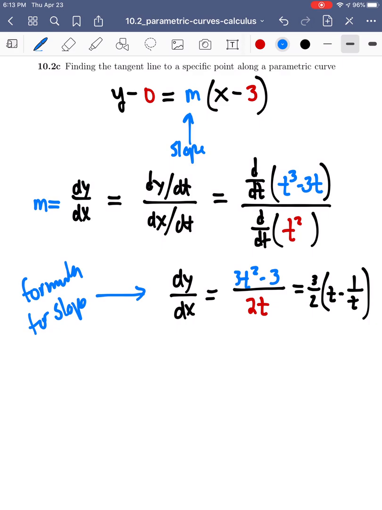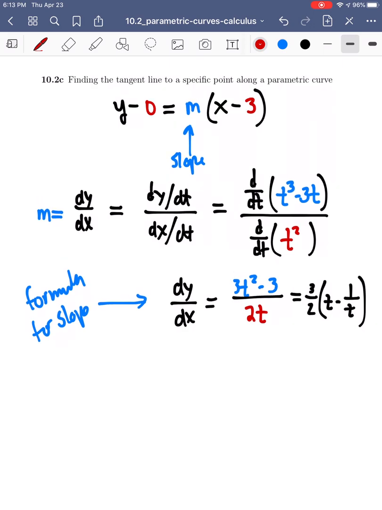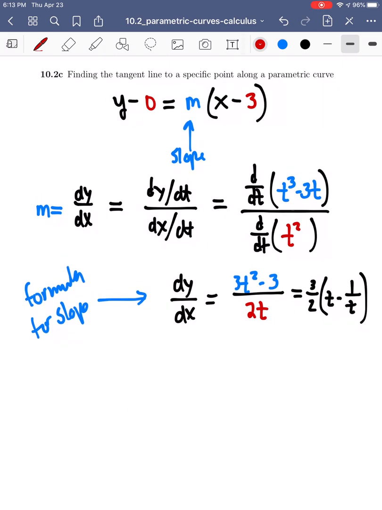Well, in this problem, we're not told a t-value. What we're told is the point (3, 0) along the curve. So what we need to do is extract the t-value that lands us on that point on the curve.